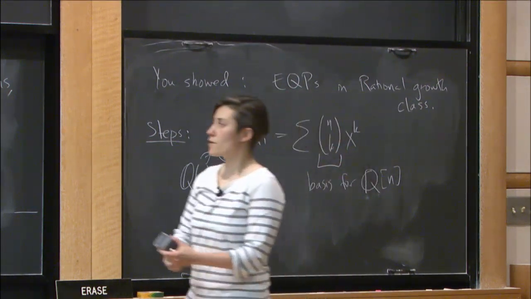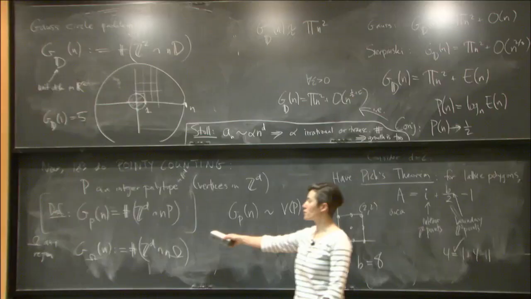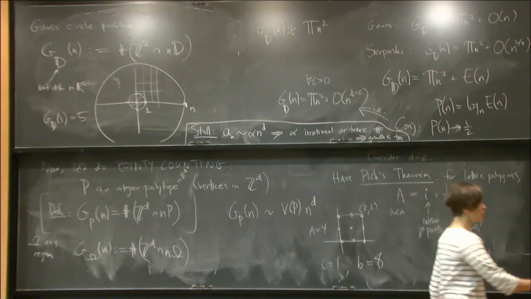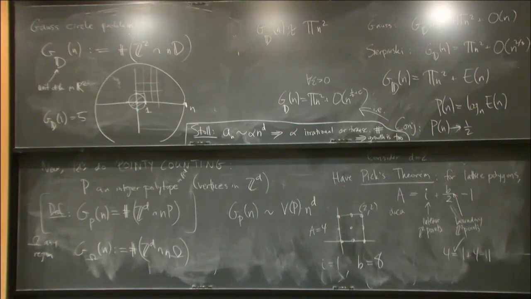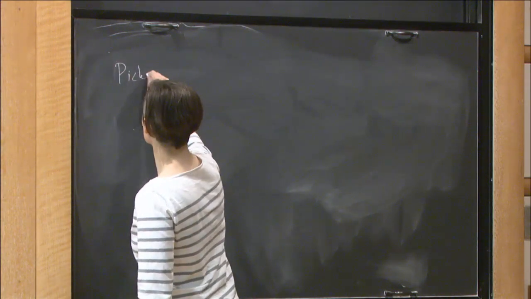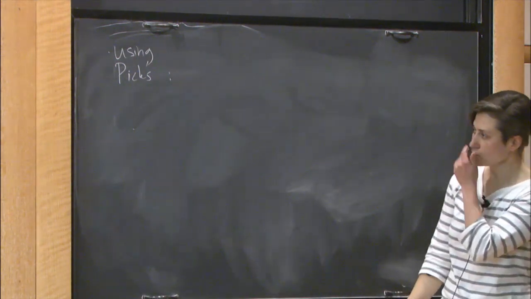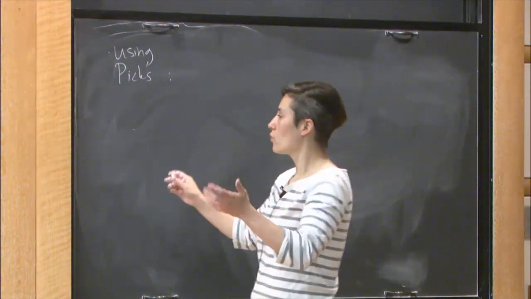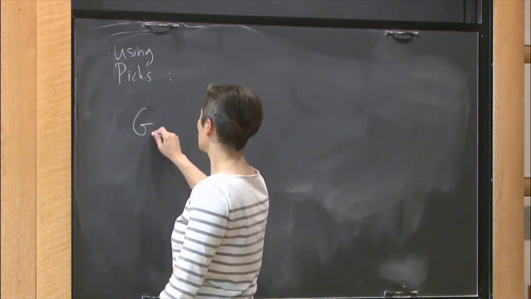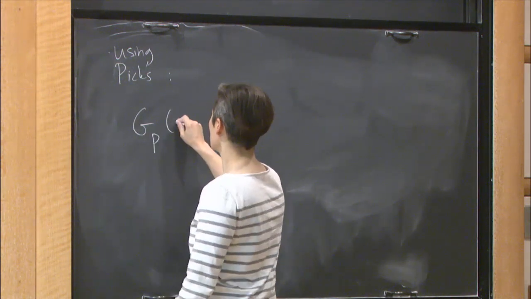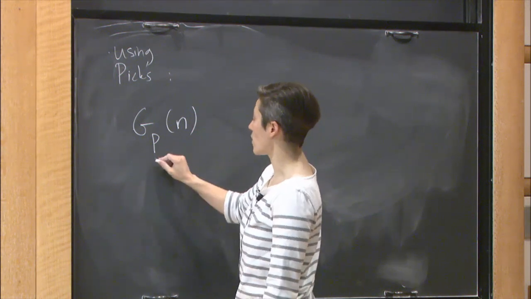So this is my setup, and let's note that from Pick's theorem, we can solve this problem for lattice polygons. Okay, so what do we want? Well, we want G_P of n for lattice polygons.